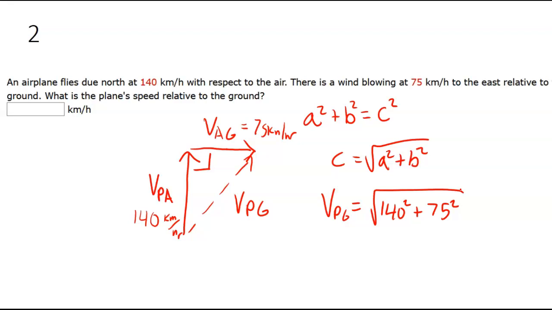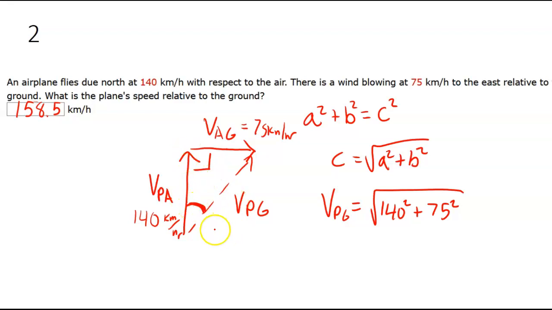And that results in a ground speed of 158.8 kilometers per hour.